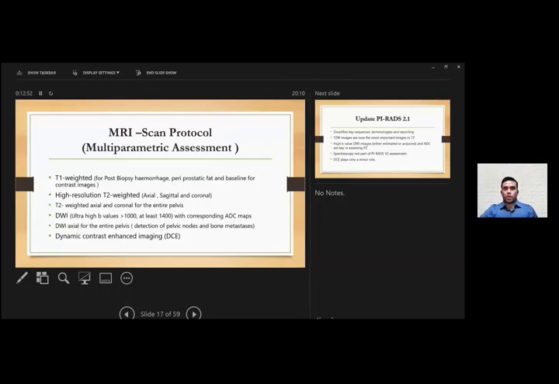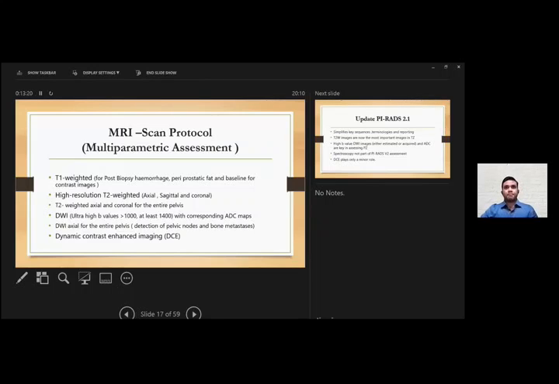We also require a high-resolution T2 weighted sequence, and this is usually acquired at our center as axial, sagittal, and coronal across the longitudinal section of the prostate gland. T2 weighted sequences are also taken in coronal and axial planes for the entire pelvis to look for the rest of the pelvic organs and pelvic bones.